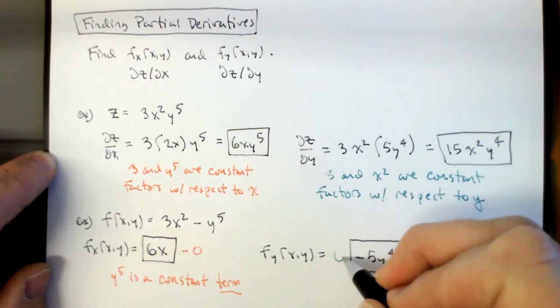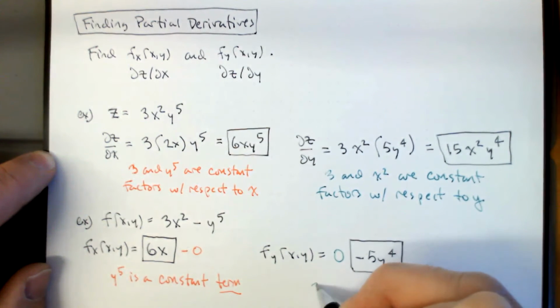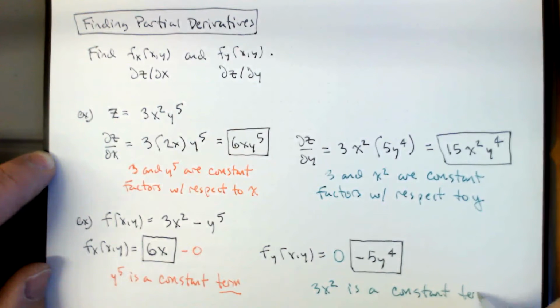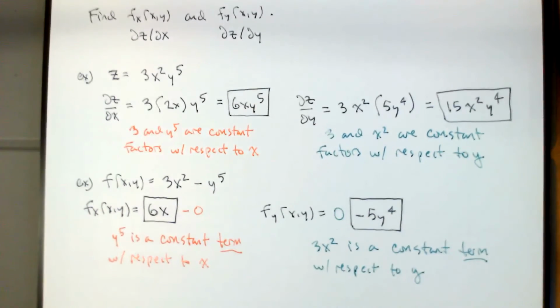But it's really like 0 minus 5y to the fourth, because 3x squared is a constant term with respect to y. So we just don't write those constant terms.